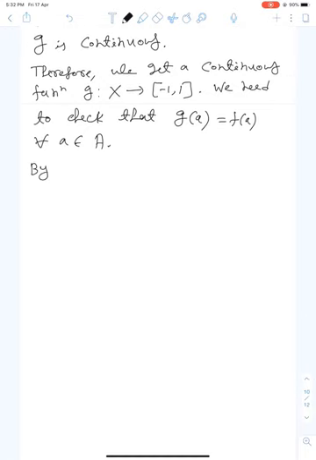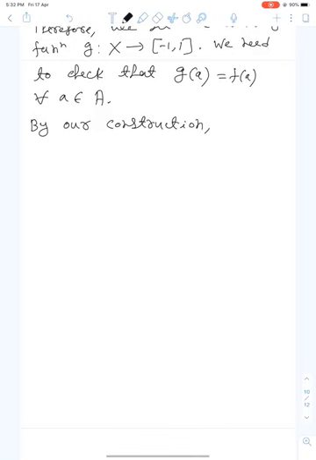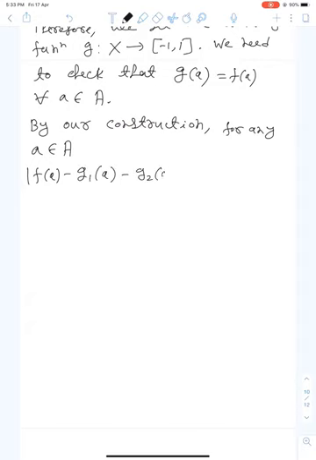So by our construction, for any a belongs to A, we have |f(a) - g_1(a) - g_2(a) - ... - g_n(a)| is less than or equal to (2/3)^n, right?